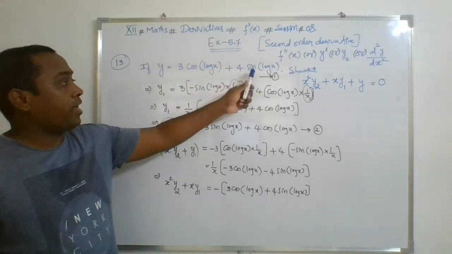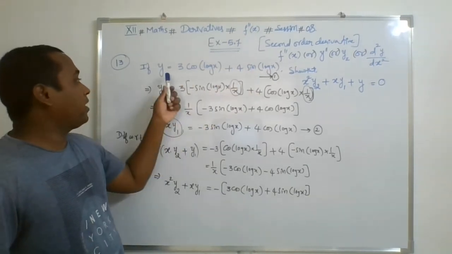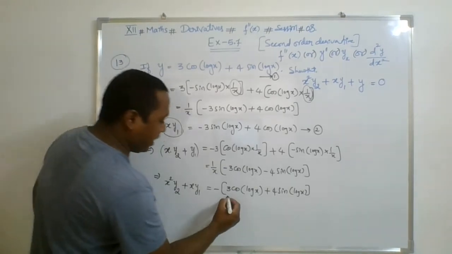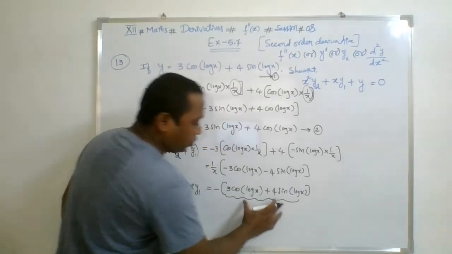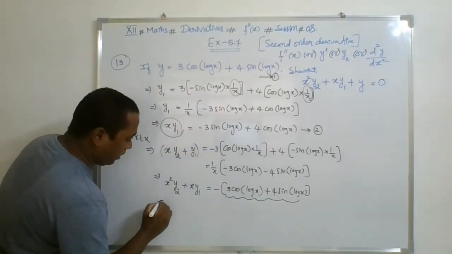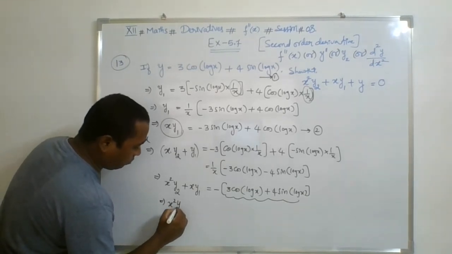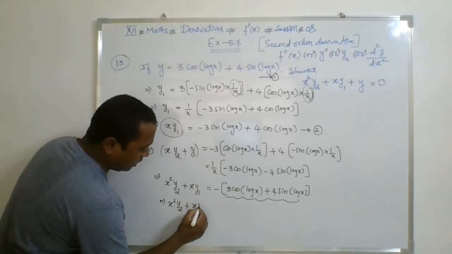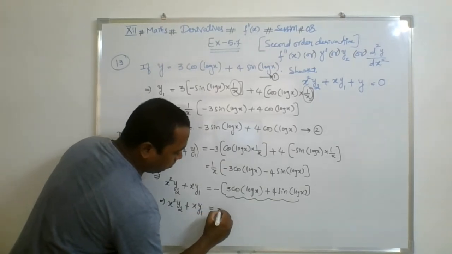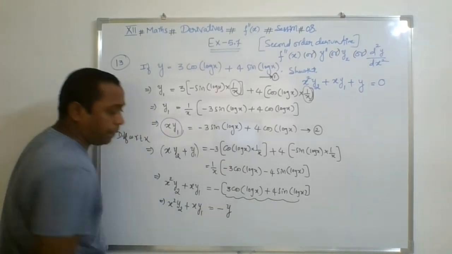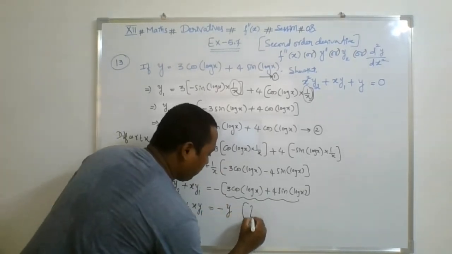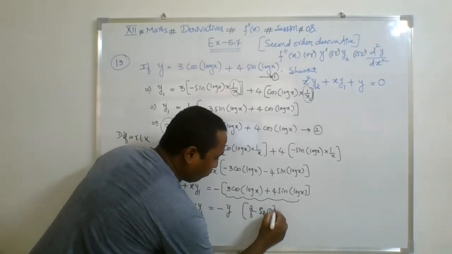See, 3 cos of log x plus 4 sine of log x will become y. So this entire expression reduced to y. So in the next step I can write x square into y2 plus x into y1 equal to minus y. It is obtained from equation 1.